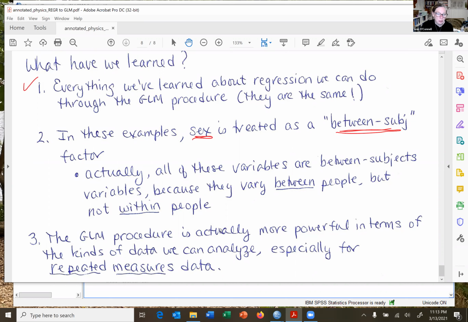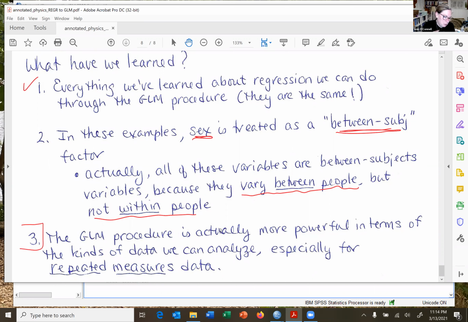And in fact, all of the variables that we have for this example that I've showed you are between subjects anyway, because all of those variables only vary between people, but they don't vary within people. That means that the only changes in the independent variables are changes because the people are different, not because we have longitudinal data, in which case variables might change within a person.